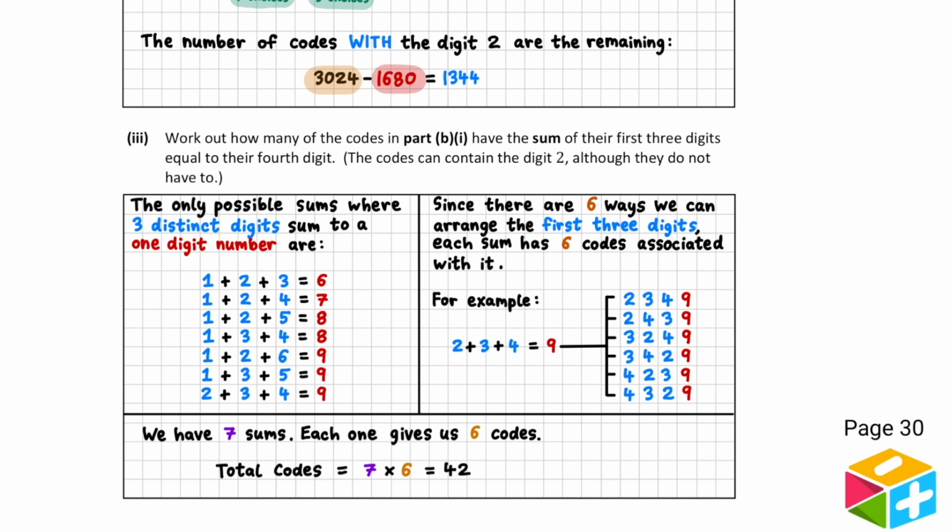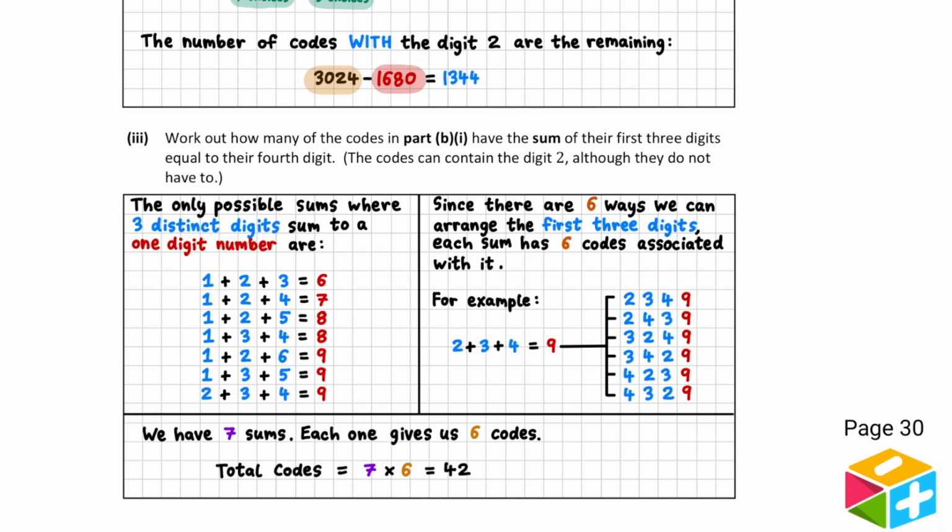For example, if you added 4 plus 6 plus 7, you would get 17, which is a 2-digit number. If we want the first 3 digits to sum to the 4th digit, this implies that the sum must be a 1-digit answer. And there's not too many ways this can happen. We're also working with the restriction that we're not allowed to repeat digits, and that restricts the possibilities further.